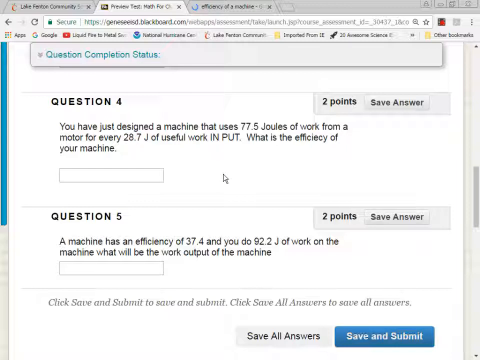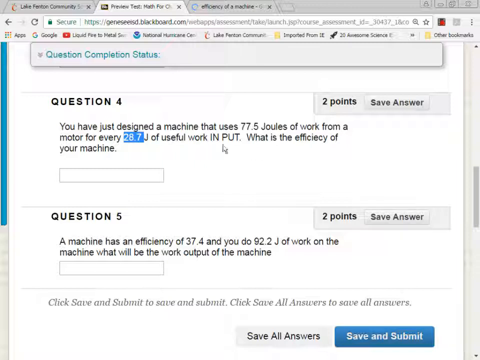Okay, what is the efficiency? So work out times 100 divided by work in. This is wrong. This is input. This is output. We have to reword this question because a machine that uses 77.5 joules of work, that's its input, and this is your output.